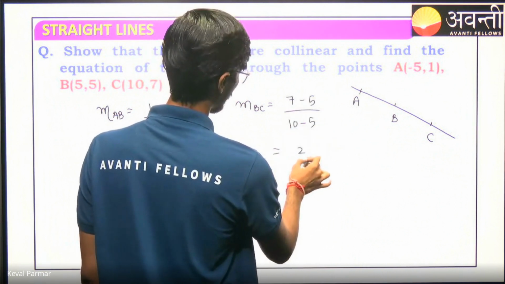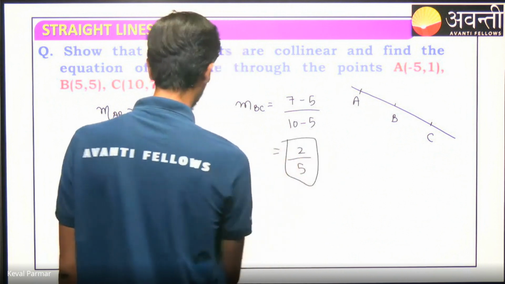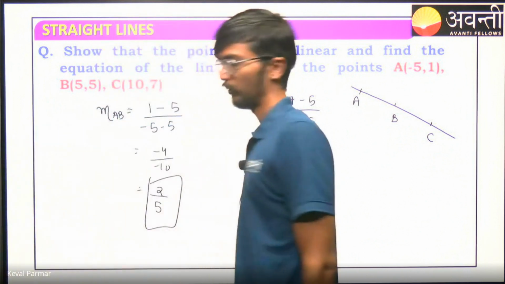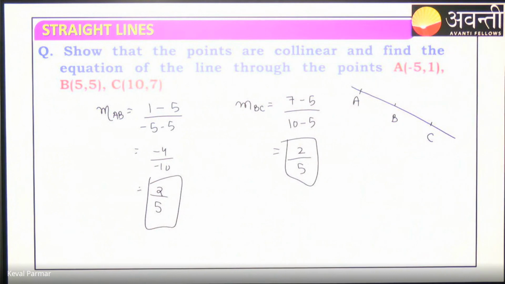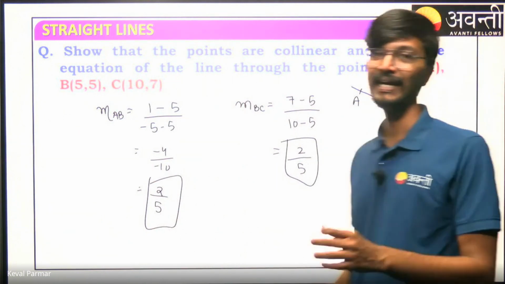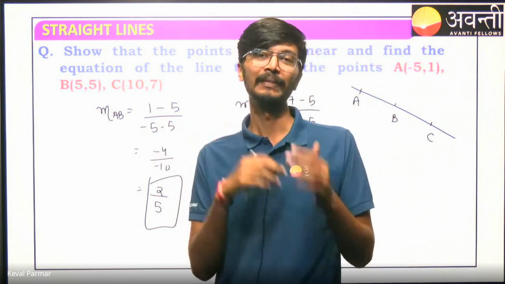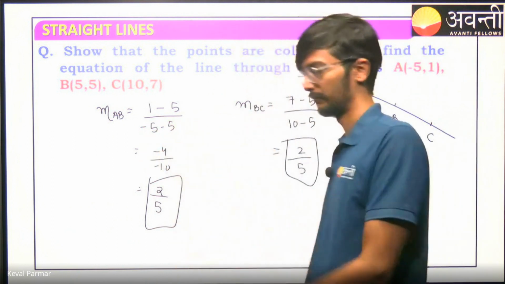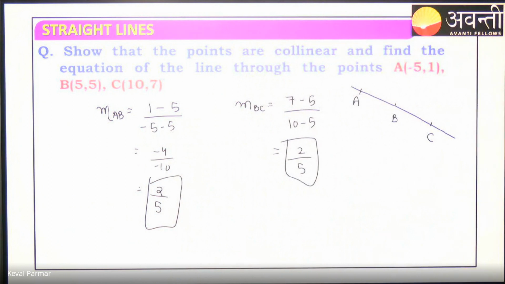Again, it is 2 by 5. So as you can see, both of them have the same slopes. That means they both lie on the same straight line. That means they are collinear. Let's see the next one.